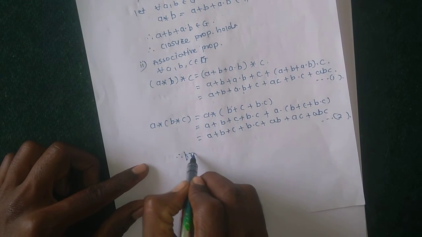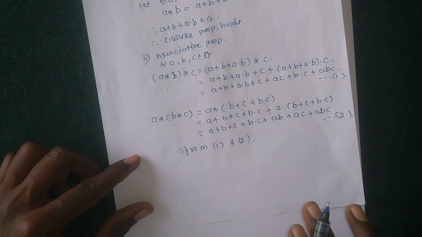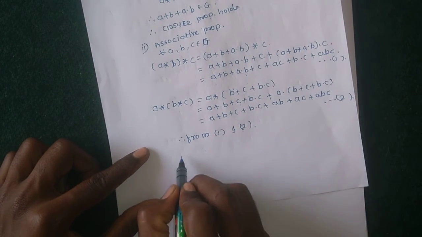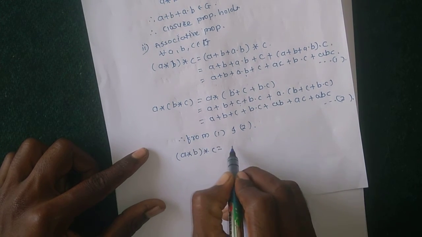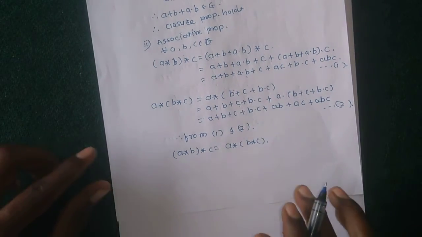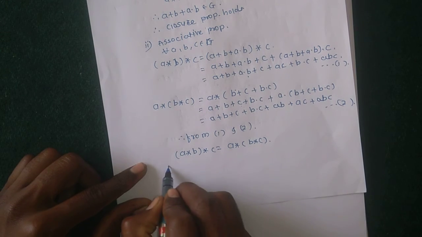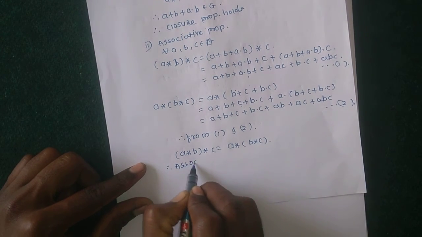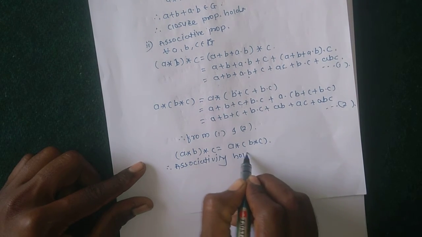Therefore from 1 and 2, (A star B) star C equals A star (B star C). Okay, here only rearranging this equation, therefore associativity holds.